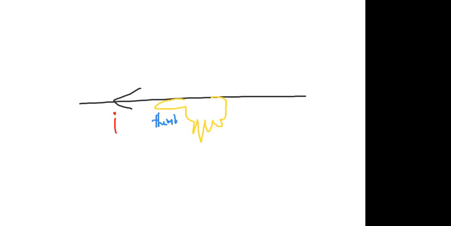Don't worry about how the hand looks, you just have to understand the concept. The thumb direction shows the current direction, and the direction where the remaining fingers are showing indicates the magnetic field is into. Remember, always the direction of the remaining fingers shows it.